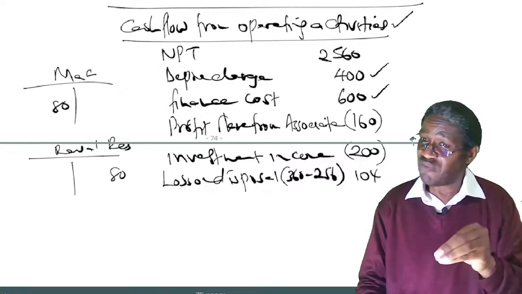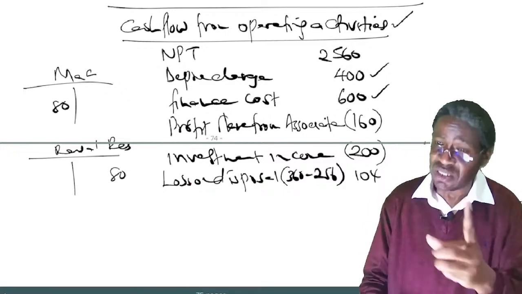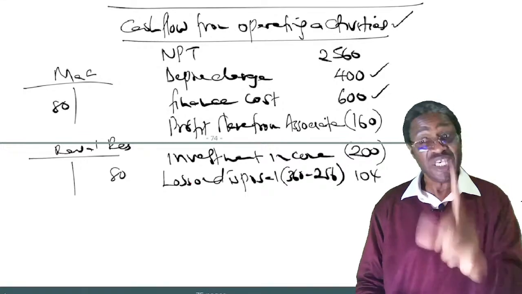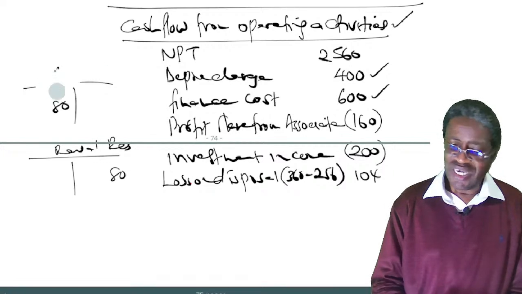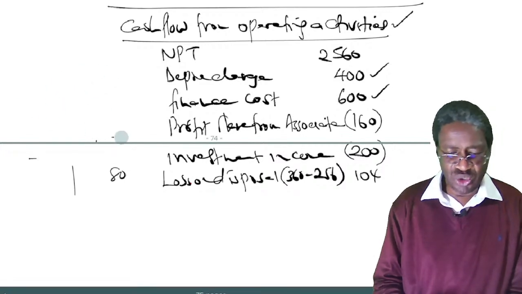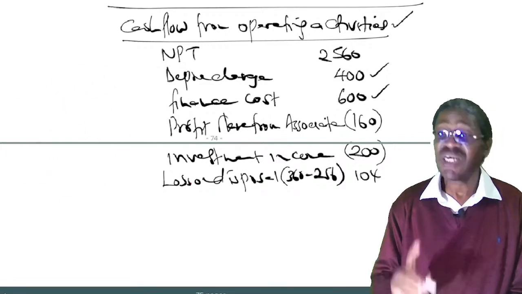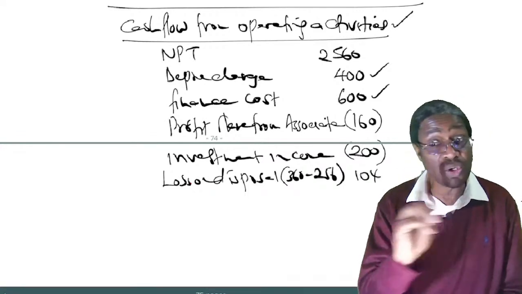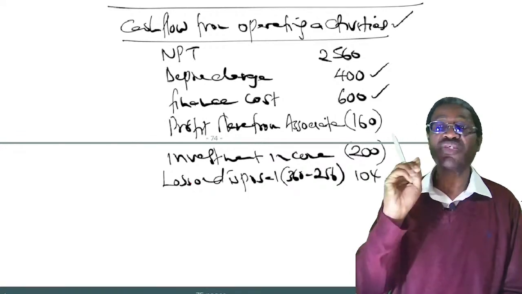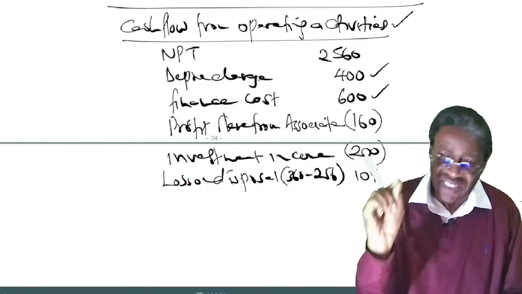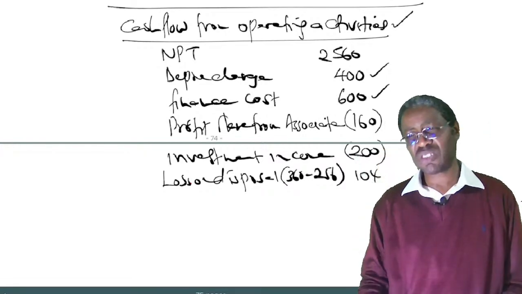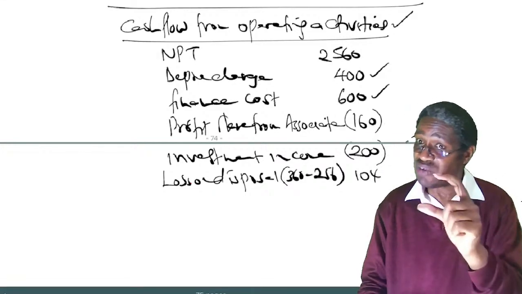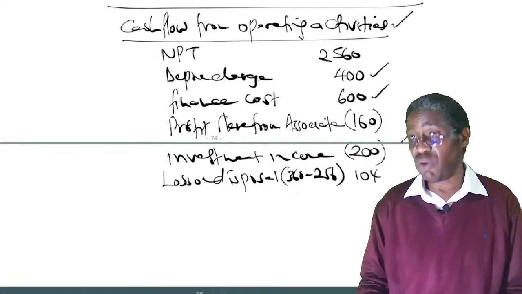That revaluation reserve balance goes to the balance sheet straight as a component of equity. Good. So as much as it's true, revaluation is a non-cash item. We don't use it among the non-cash items in the cash flow statement. Why? Because it did not affect what I'm adjusting. I am adjusting the 2560 profit before tax.